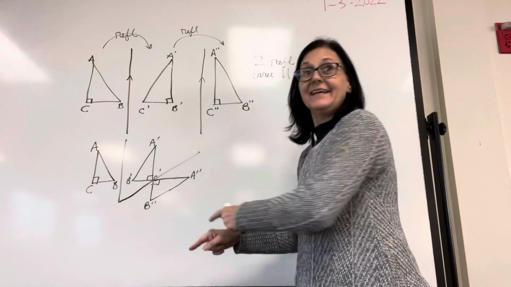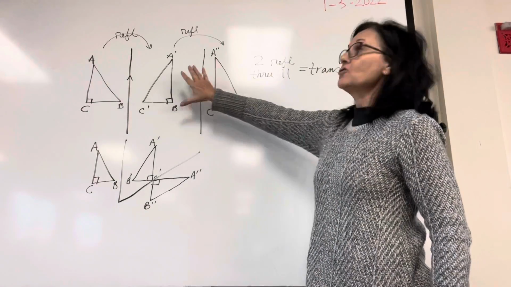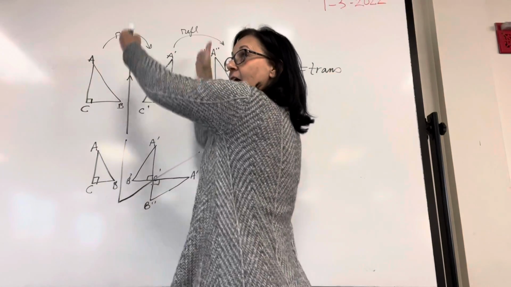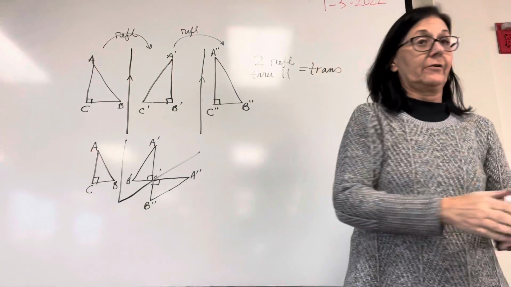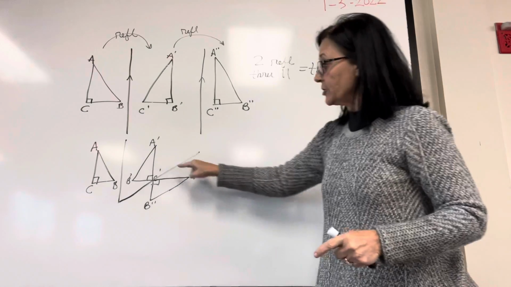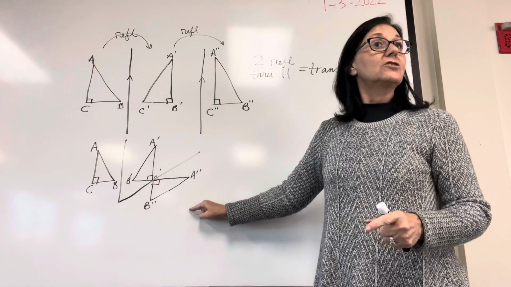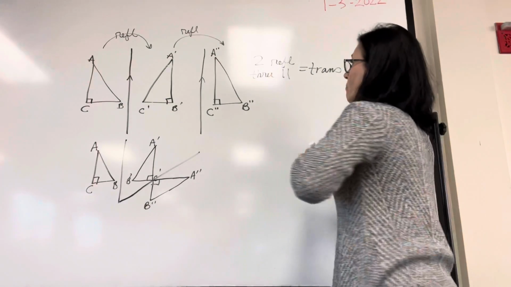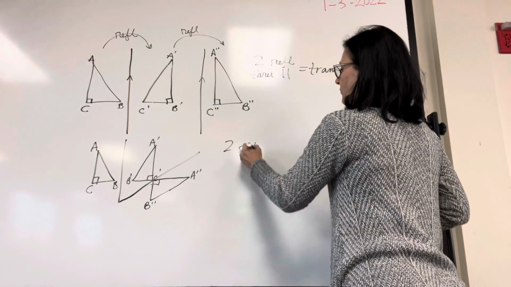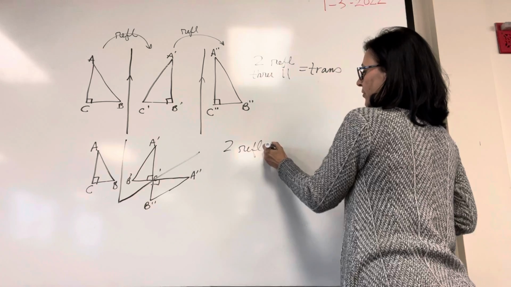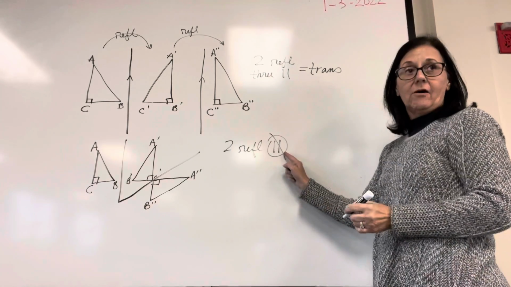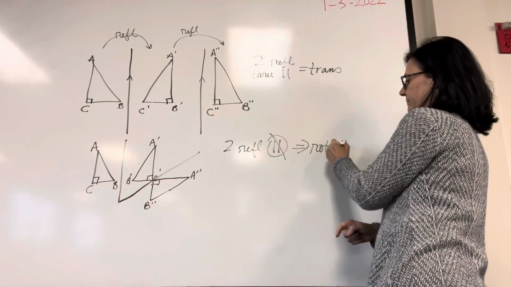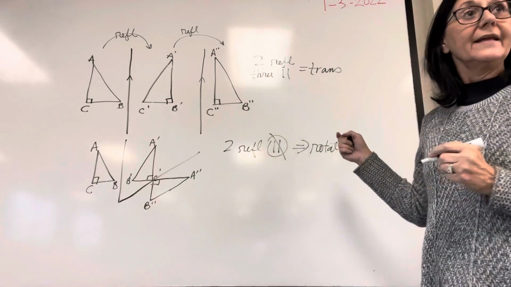That is correct. In order for it to be a translation, the two reflections have to be through lines of reflection that are parallel to one another. For two reflections to be a rotation, it's through lines that are not parallel. You see that? So two reflections through lines that are not parallel. What does that yield us? A rotation. Got it?